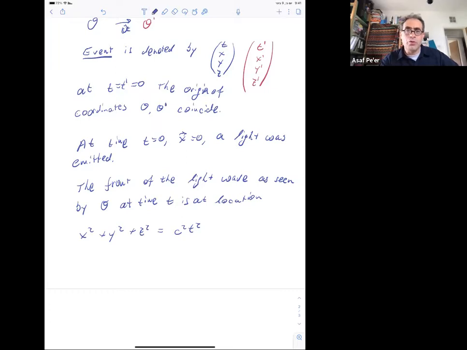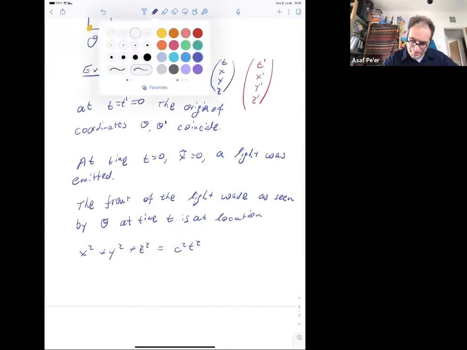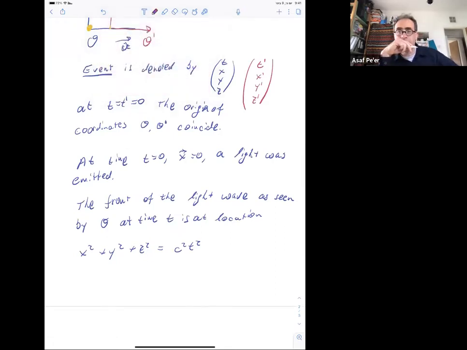What about observer O prime? What would she say? Again, her origin of coordinates coincides with the origin of coordinates of O at t equal to 0. That's when the light was emitted. So after some time t prime in her frame, where would the front of the light wave be?